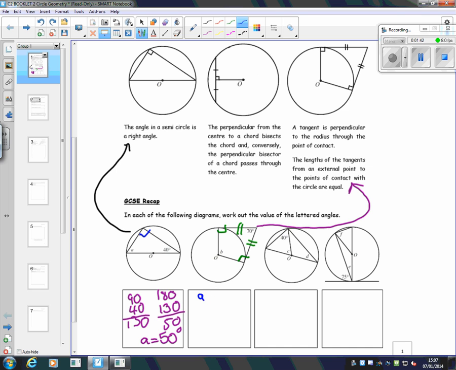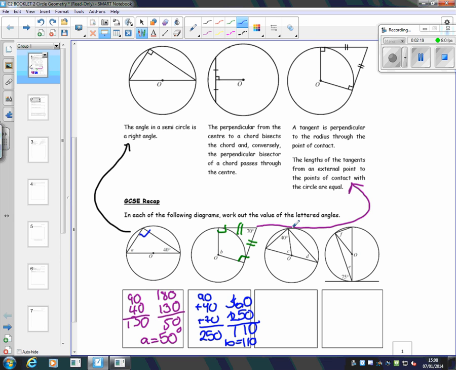So if we do 90 plus another 90 for the two right angles, and then plus 70, which will give us 180 plus 70, which is 250 degrees, and then subtract that from the total number of angles in a quadrilateral, 360 minus 250 will give us 110 degrees, which means that B is equal to 110 degrees.